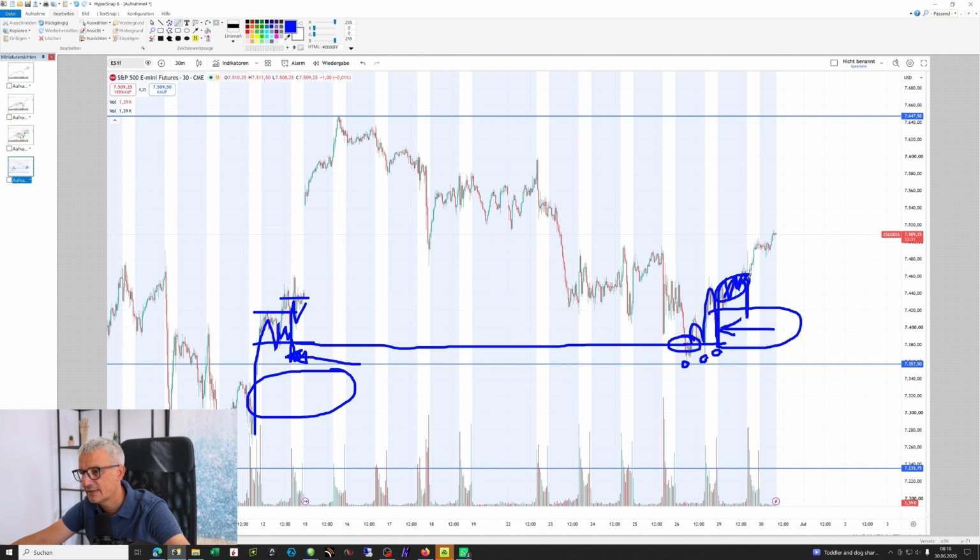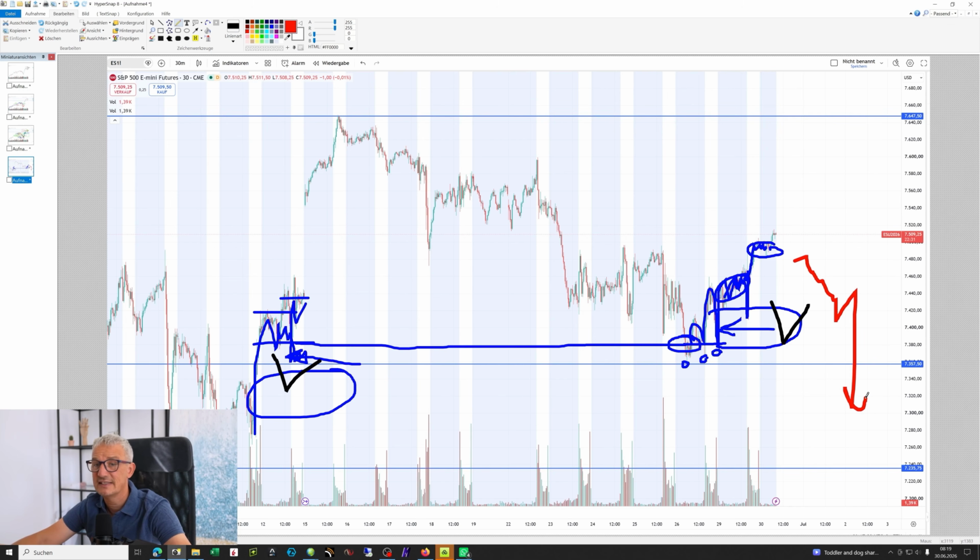It tested again. And then the logical consequence is that these tested levels, and it's important that you do this, you check them off and know it's already been there and there. And then you also know, should it return there, the probability is higher that it will fall through.